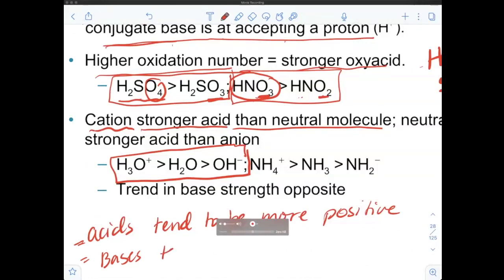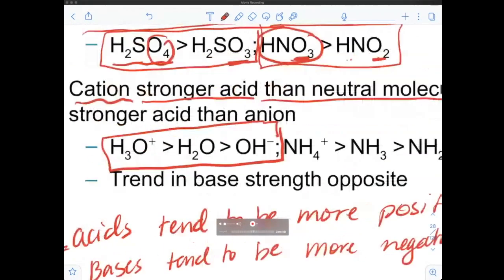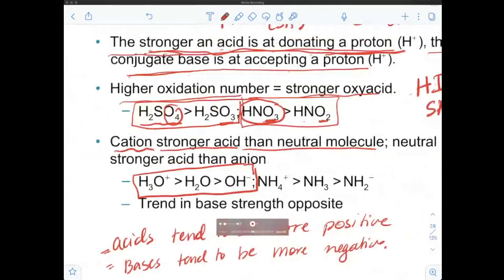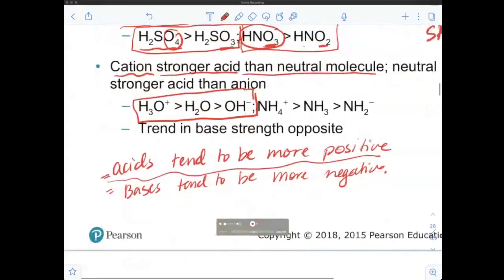Bases tend to be more negative. When comparing this trend, you can use this rule, acids tend to be more positive, or you can look at the number of hydrogen ions. There are so many different ways you can approach this.